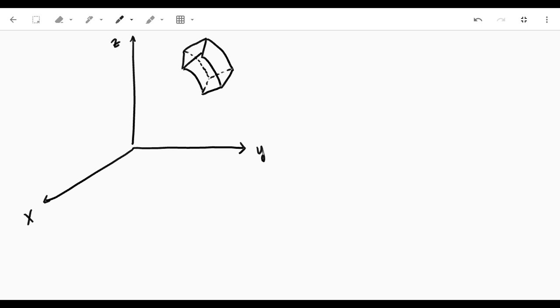Let me get that one edge that's a little bit off fixed. All right, and then we're going to think about projecting these corners down.